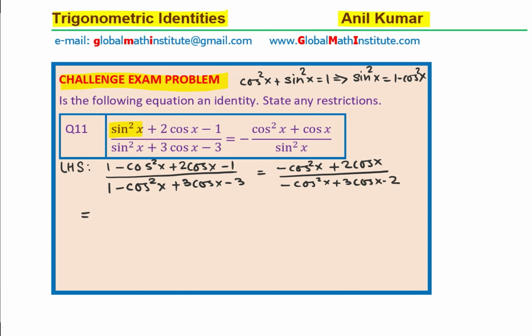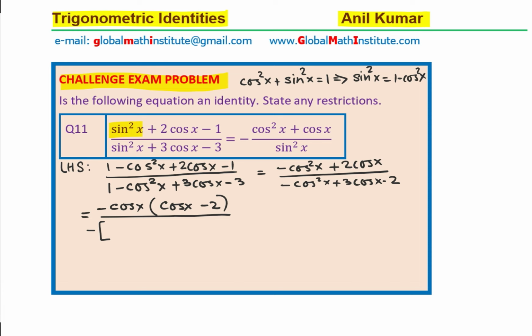Let us rearrange, factoring out minus cos x from the numerator. So we get minus cos x from the numerator, and we get here cos x minus 2. In the denominator, we can take out the minus outside and then factor the inside terms. So inside, what do you get?